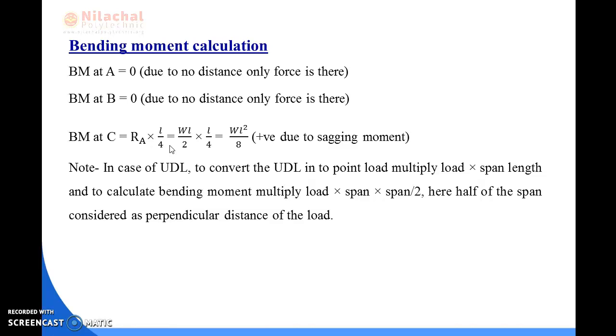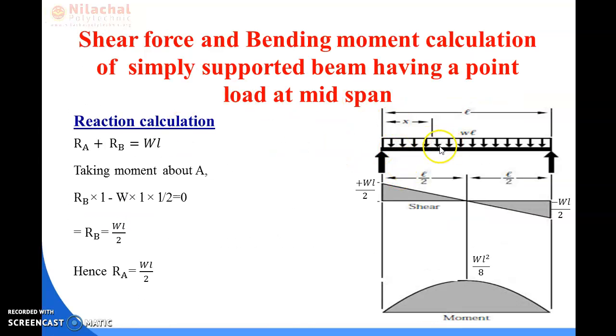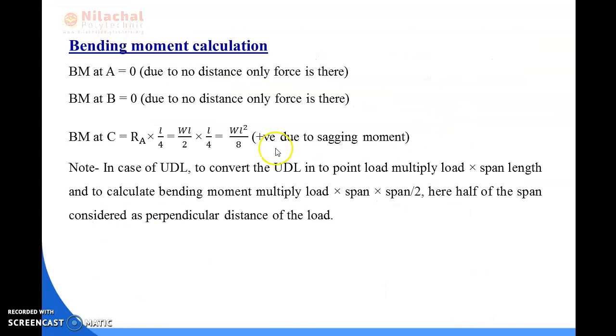Again, because it is a UDL, the total calculation will be W into L, that is WL square, divided by 2 into 4. So this L by 4 is your UDL distance.